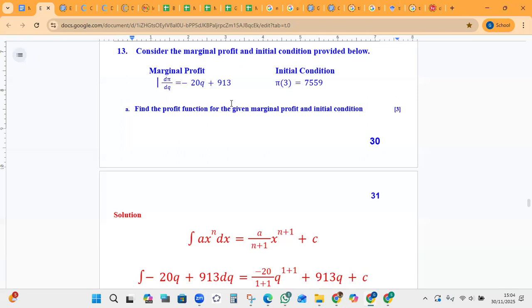To get back the profit function, we have to do the opposite of differentiation, which is called integration. That is another branch of calculus. When you integrate the marginal profit, we will get the profit function. In that process, we have to use the initial condition.